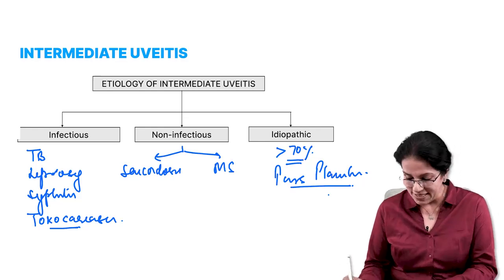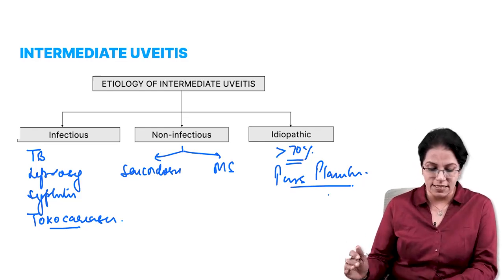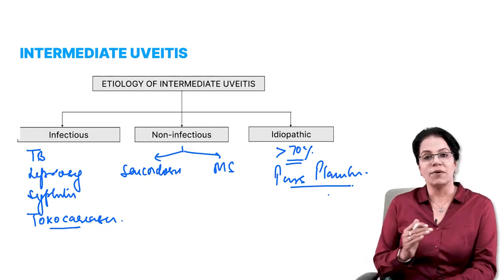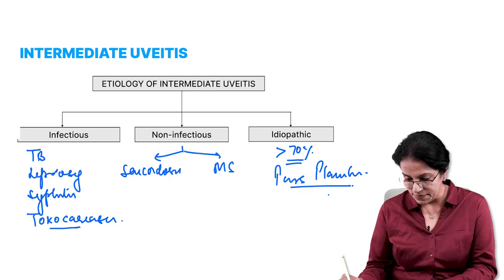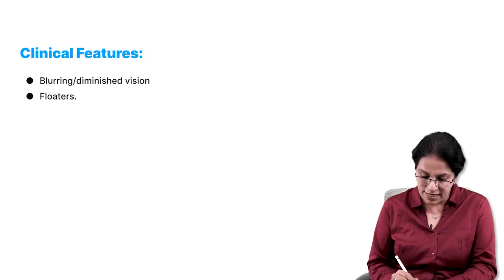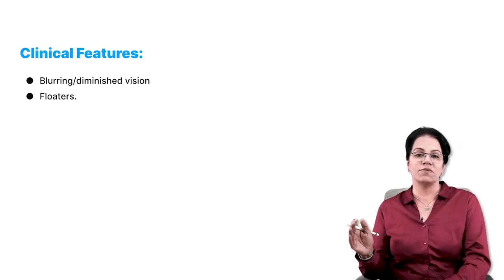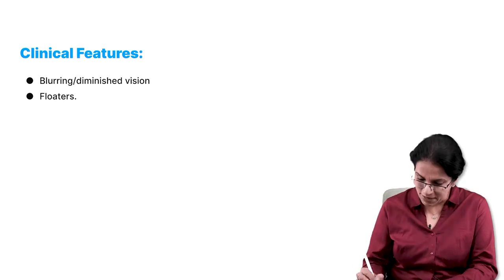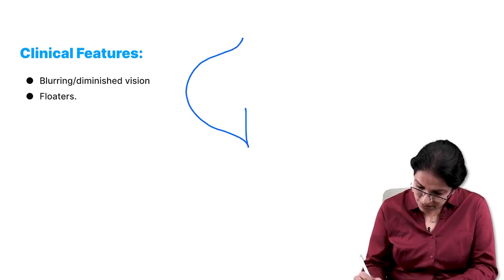Next, once you know these causes, we talk about clinical features. A patient of intermediate uveitis will mainly present with blurring or diminution of vision. Does it make sense? Don't mug it up. Think yourself. Which part of the uvea is being involved?